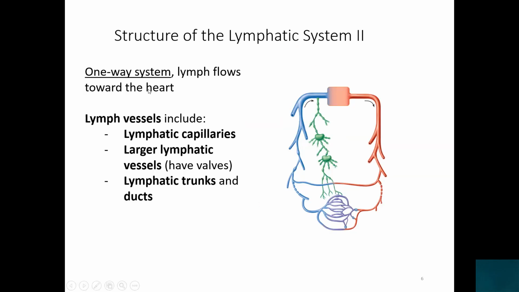Lymphatic system is a one-way system because lymph flows toward the heart only. Tiny lymphatic capillaries collect extra intercellular fluid, interstitial fluid, and then they merge together and form larger lymphatic vessels that have valves.